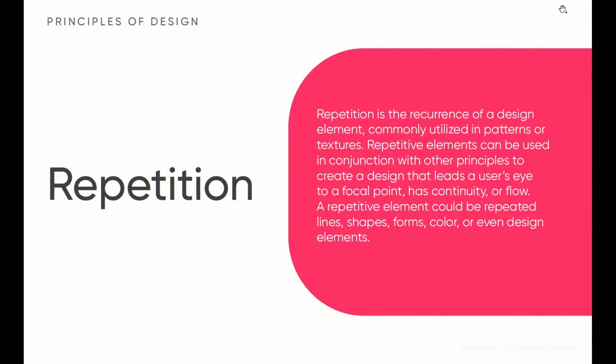But repetition, what it does majorly for you is the reoccurrence of an element. It's commonly utilized in patterns, the Ankaras that you wear, it's just one pattern repeated over and over till it covers the whole material. That becomes your Ankara. That same thing for Aso-oke, the Adire, and the likes, right?